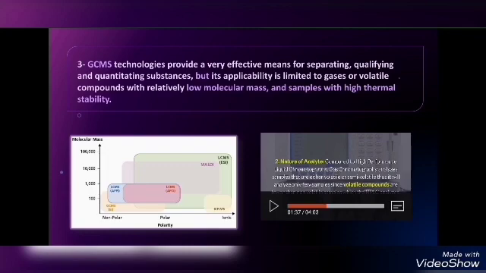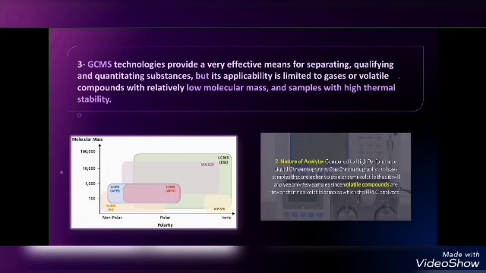Nature of analyte. Compared to high-performance liquid chromatography, gas chromatography analyzes samples that are either volatile or semi-volatile. Thus, it will analyze only few samples since volatile compounds are fewer than non-volatile samples, which the HPLC analyzes.